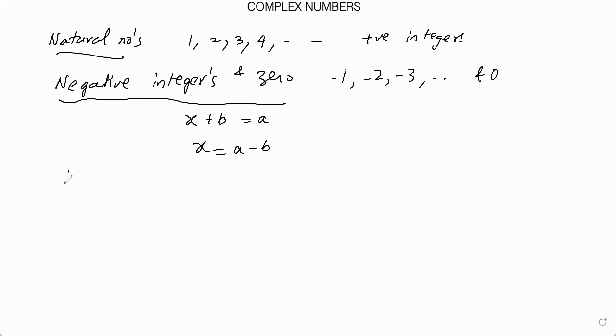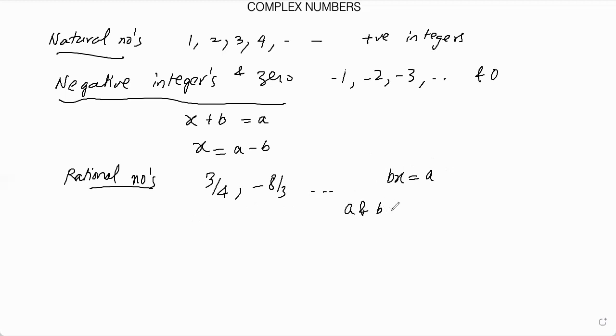Also, we have rational numbers such as 3 by 4 and minus 8 by 3. These permit solutions of the equation bx is equal to a, for all integers a and b, where b is not equal to 0.